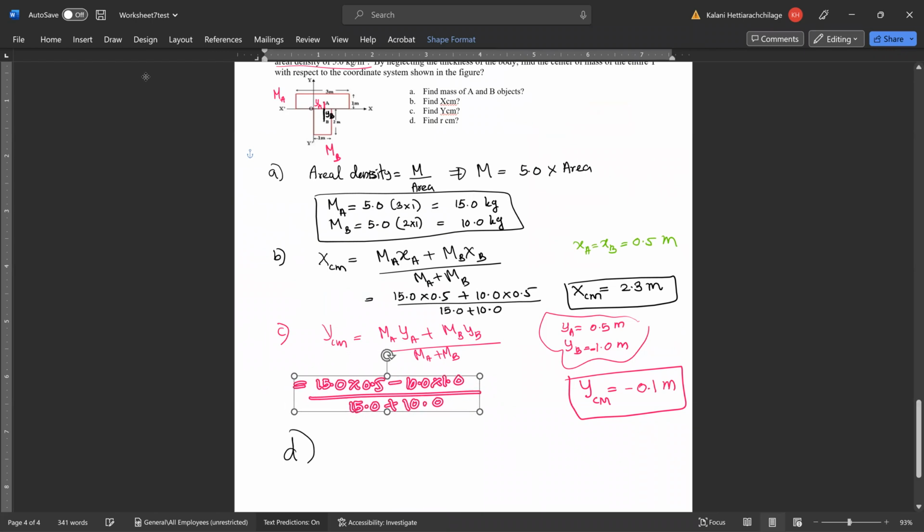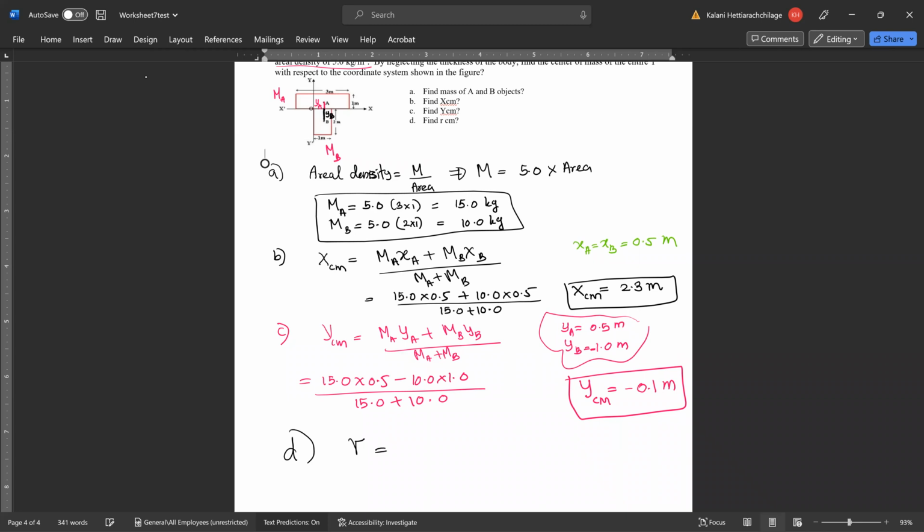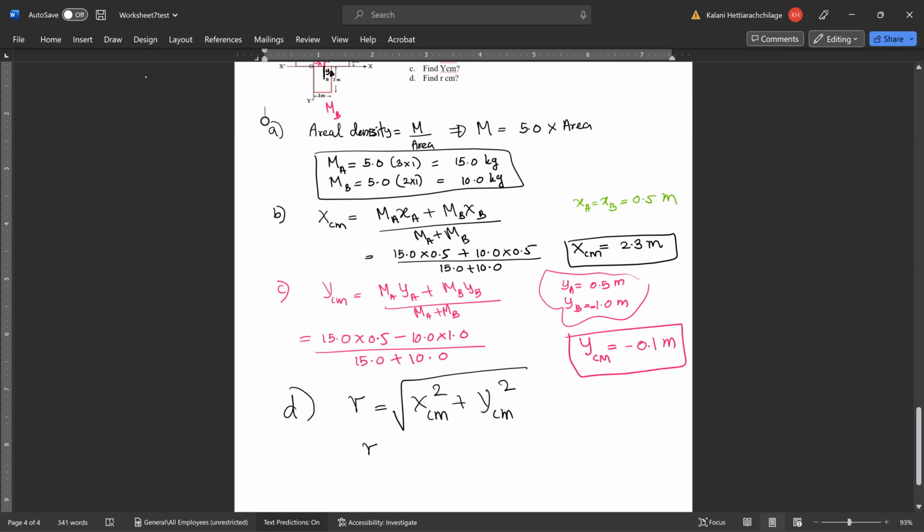Okay, I'm sorry. Part D is asking us to find R center of mass. That means I need to use the Pythagorean theorem. So R is equal to X center of mass squared plus Y center of mass squared, and the square root of that. Okay. So then you have the values.